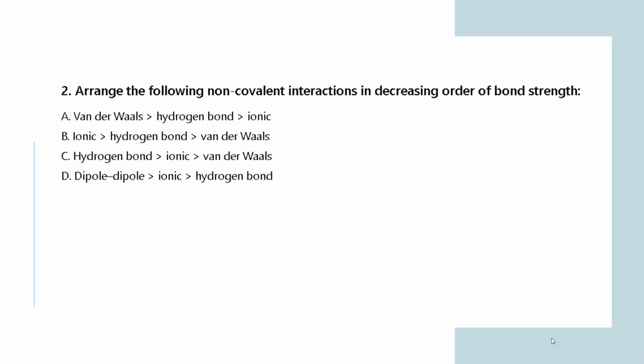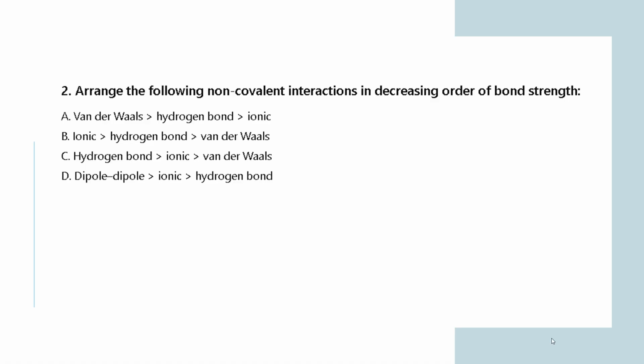In the tutorial session also, the professor has gone through those interactions one by one, which are van der Waals interaction, hydrogen bonding interaction, ionic interactions, and also the hydrophobic interaction, which we have already learned about in the previous slide.